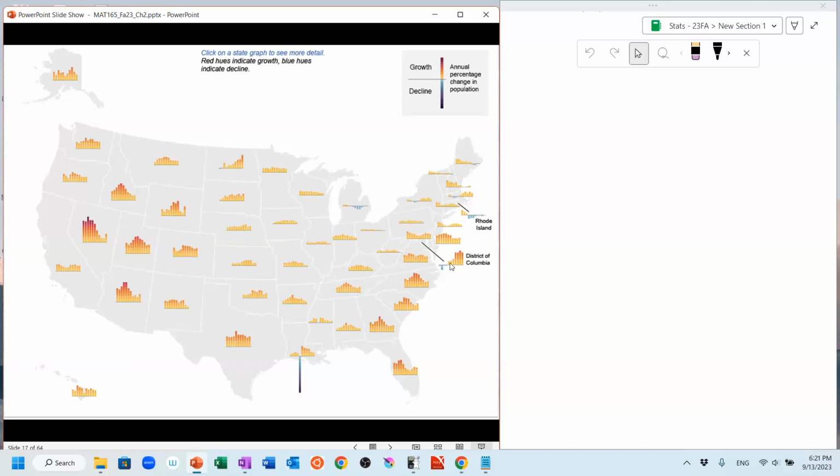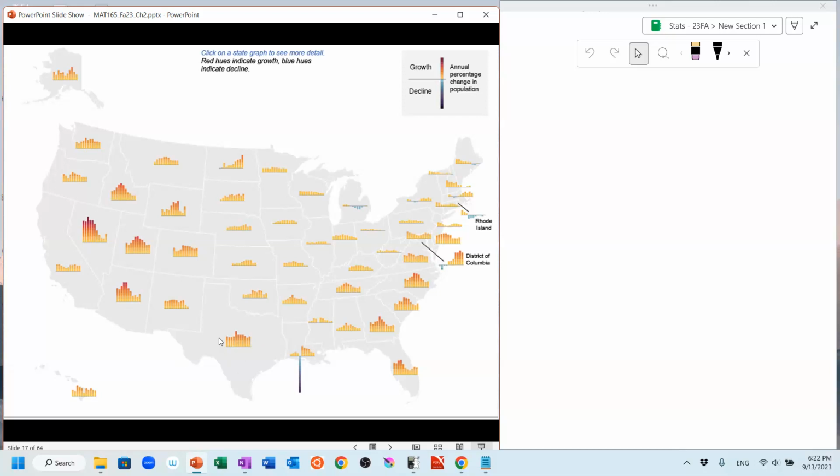And nicely enough, the combination of the bars along with the coloring, darker red for higher growth and darker blue for greater amount of decline, actually brings our attention pretty quickly to a few different pieces of the graph. We see that places like DC, Florida, Georgia, places out in the west or southwest seem to have pretty sustained high growth rates.